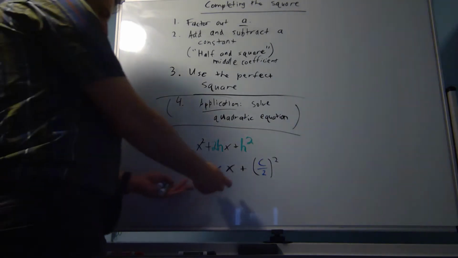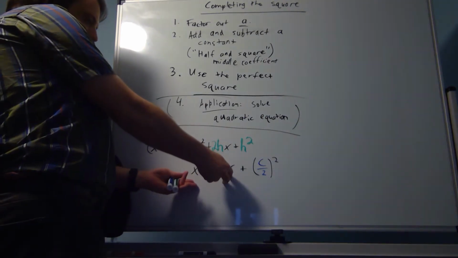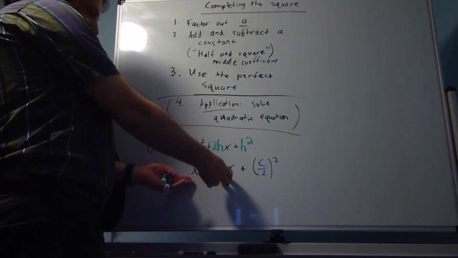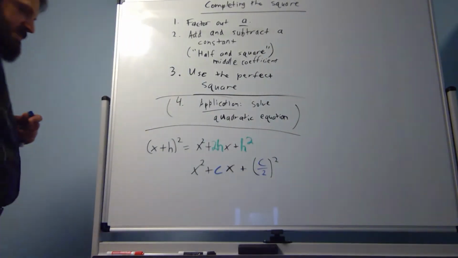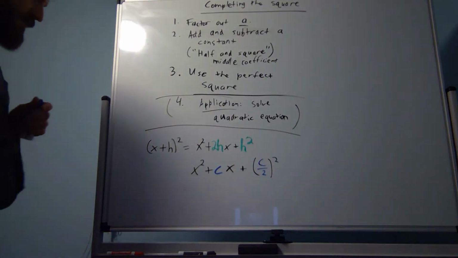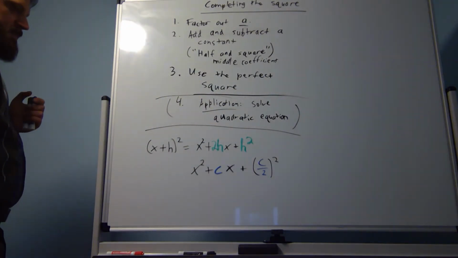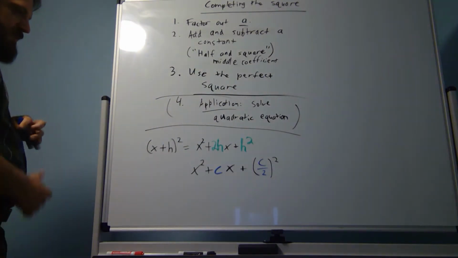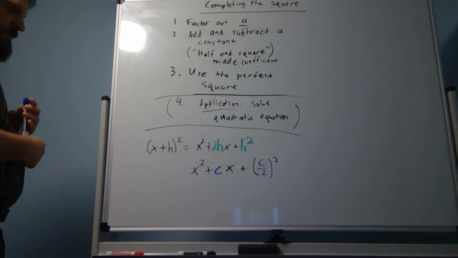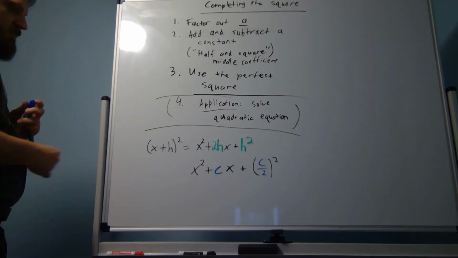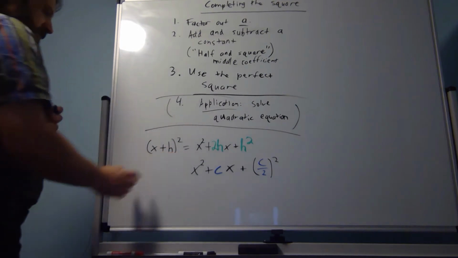That is, if you have an x squared and then you have a constant times x, you can add and subtract a constant. And if you have just the right constant here, then those 3 things will look exactly like a perfect square.